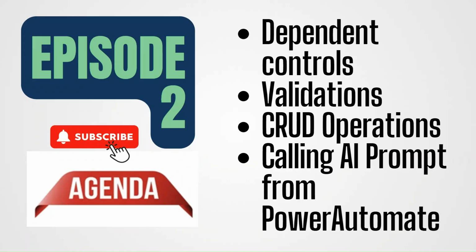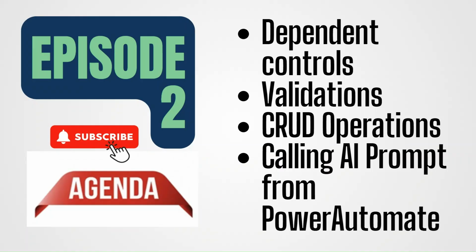Say for example, I have a country, and I have the cities and the postal addresses. Based on the country, all these postal addresses and cities should change. That's an example I would like to show, and how you can do that. I would also like to show how validations can be performed, various kinds of validations.